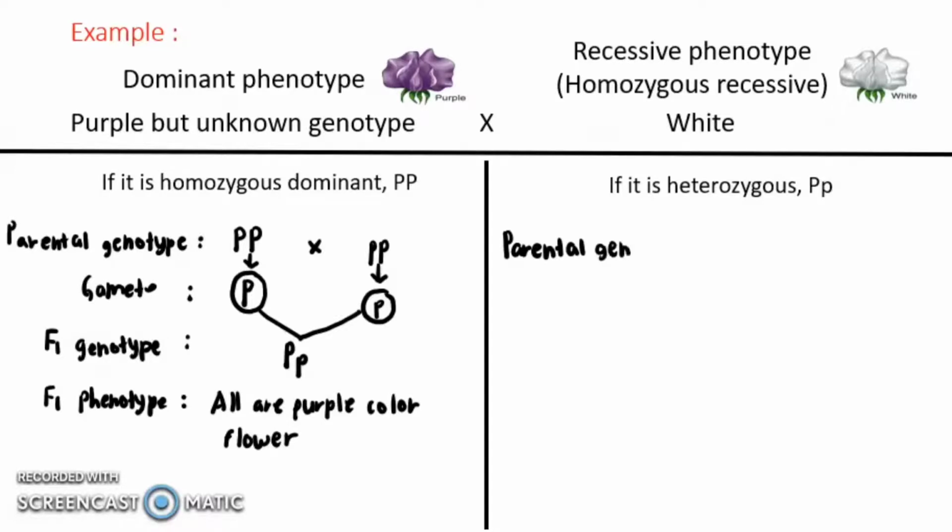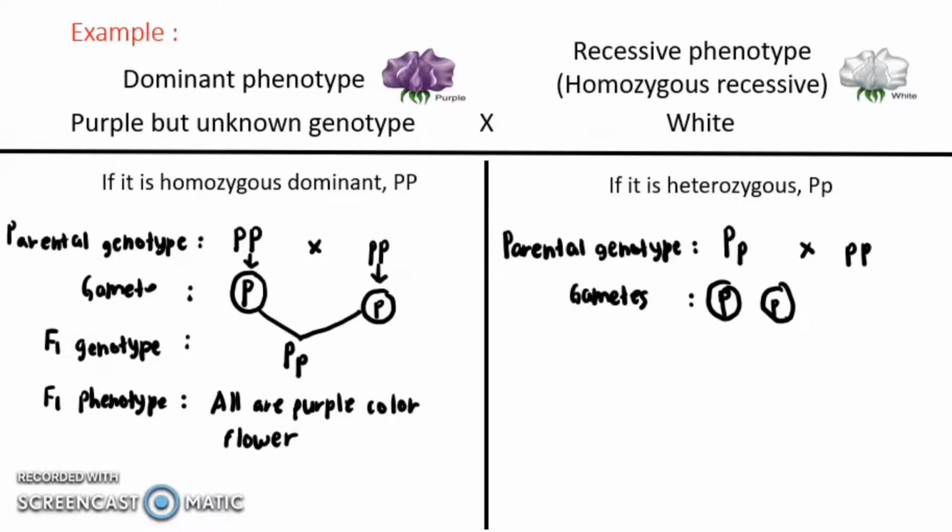So write the parental genotype. Tadi kita tunjukkan kalau dia adalah homozygous dominant, so now change to heterozygous, so it will become P besar P kecil, cross with P kecil P kecil. So what are the gametes produced from the heterozygous parent? Dia akan jadi P besar, another one adalah P kecil.